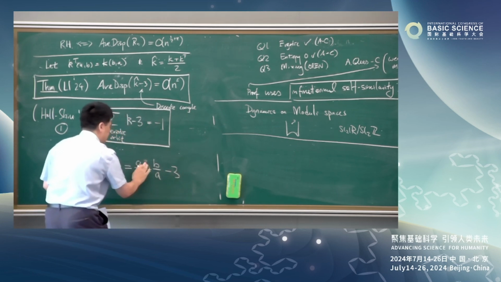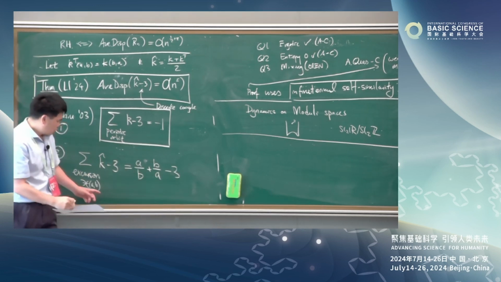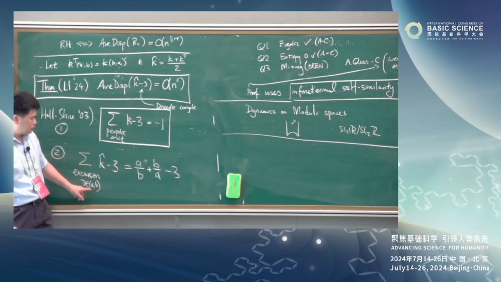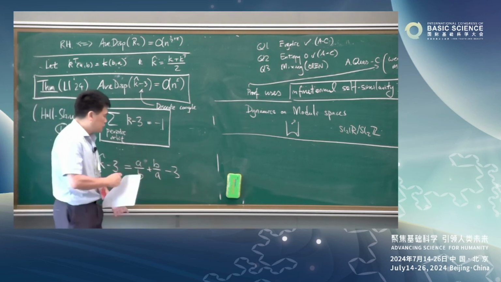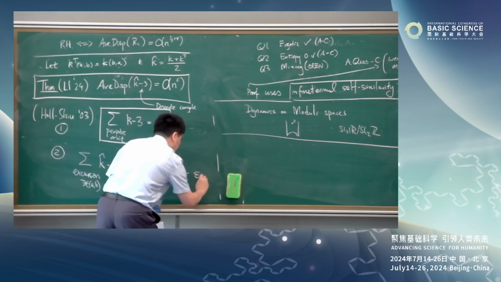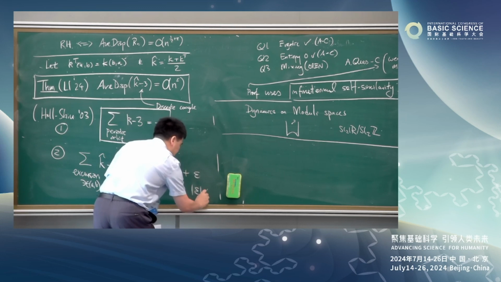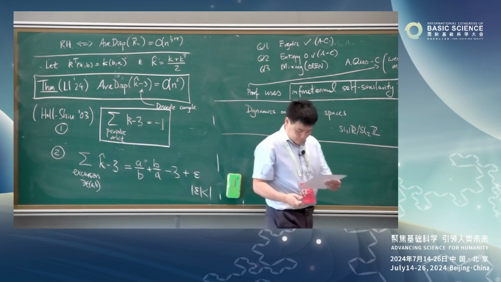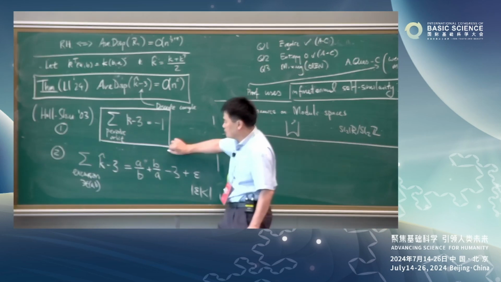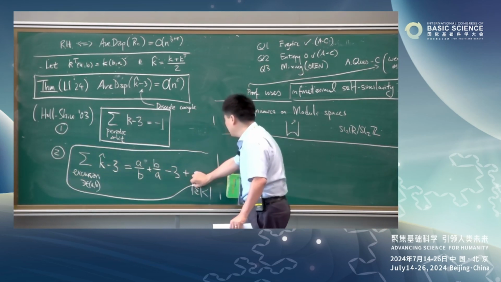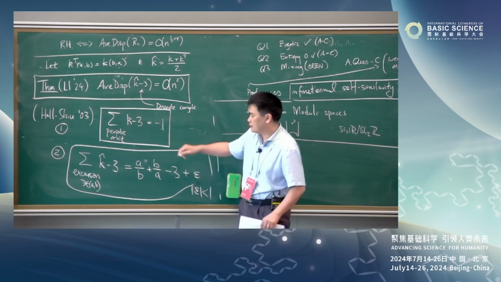So it's something like, for excursions, there's this notation for excursions, a over b, these are real numbers, a over b plus b over a minus 3, plus epsilon, and epsilon is a number whose absolute value is less than 1. Okay? Now this is really amazing, but it comes from the fact that we have an identity like this.